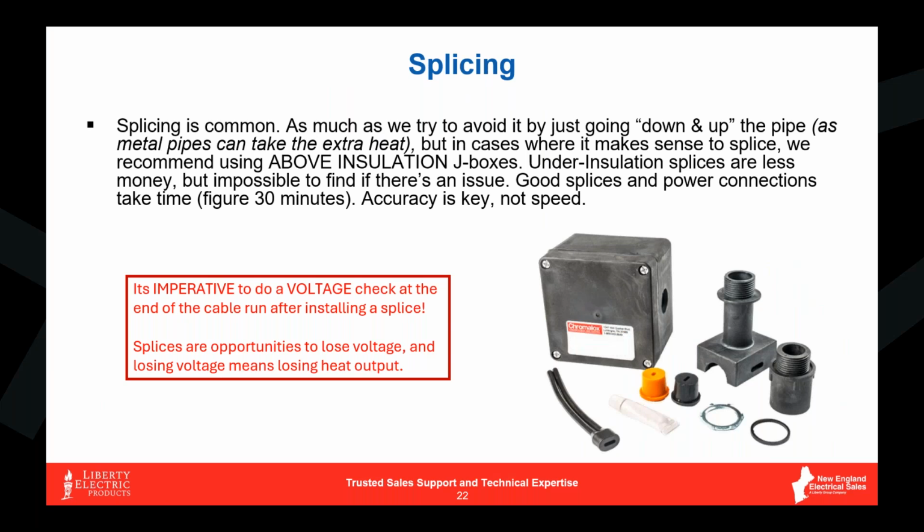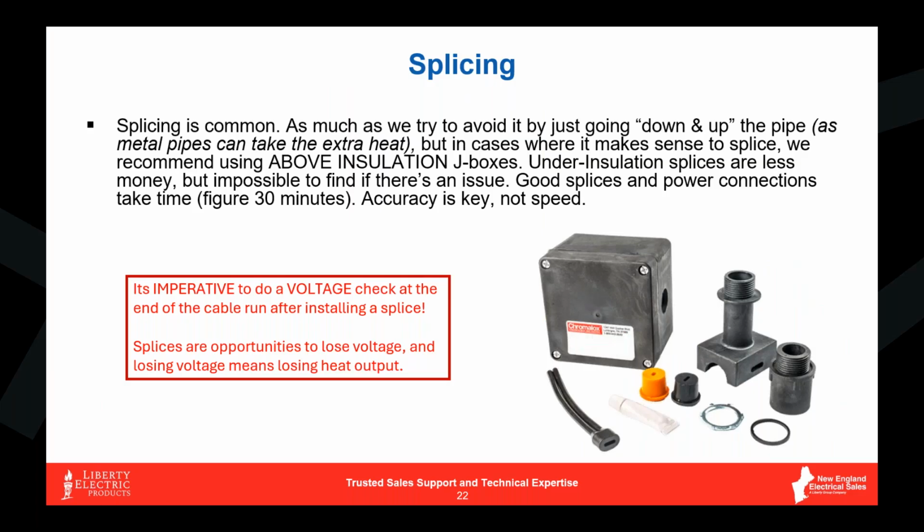So that's why we really recommend the above insulation box, because this thing sits up on a pipe stub, four screws, you can pull the faceplate off, you can get into that splice box and start testing to find out, hey, is this the bad run? So much more accessible, much more identifiable. We definitely recommend above insulation splices if you have to do it, okay?